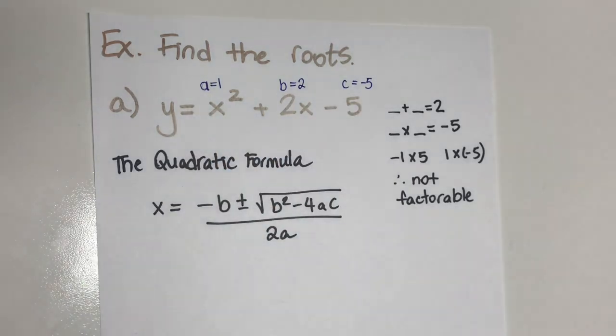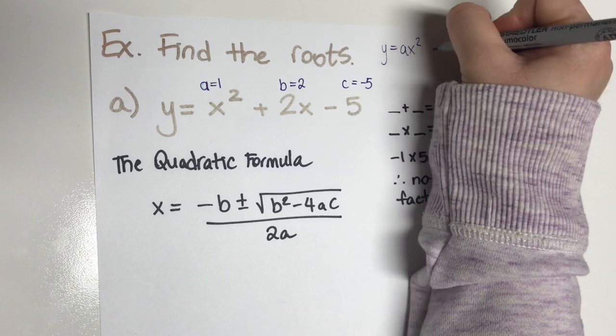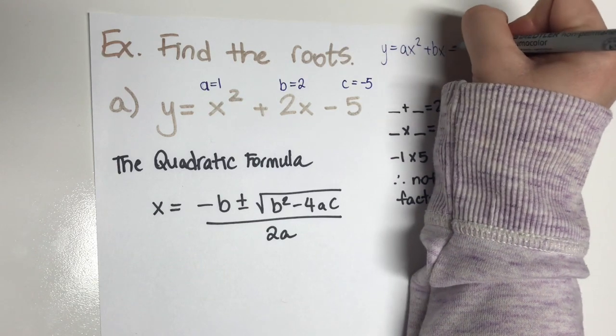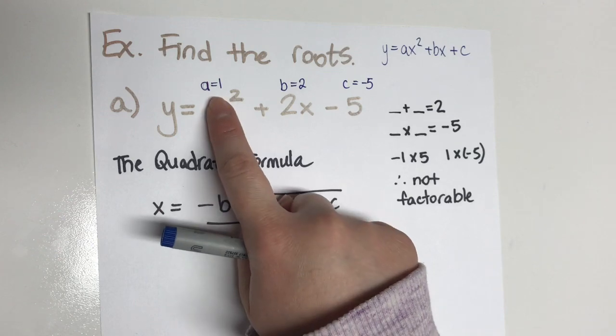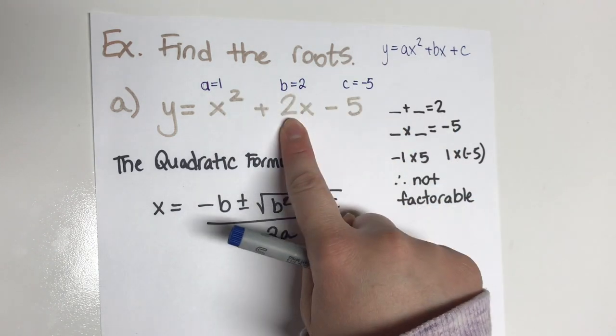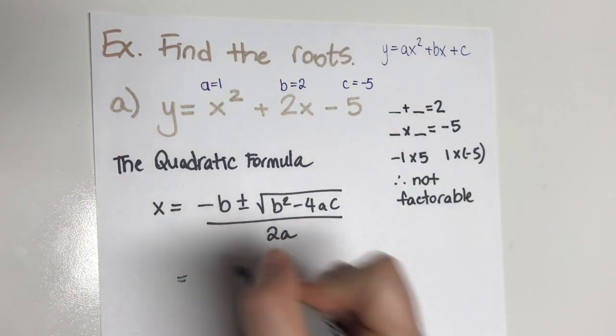So I'm going to substitute that because remember my equation is y is equal to ax squared plus bx plus c. So in this case, there's nothing in front of the x squared. So my a is 1 and b is 2, c is -5. So that's what I'm going to substitute into the equation.